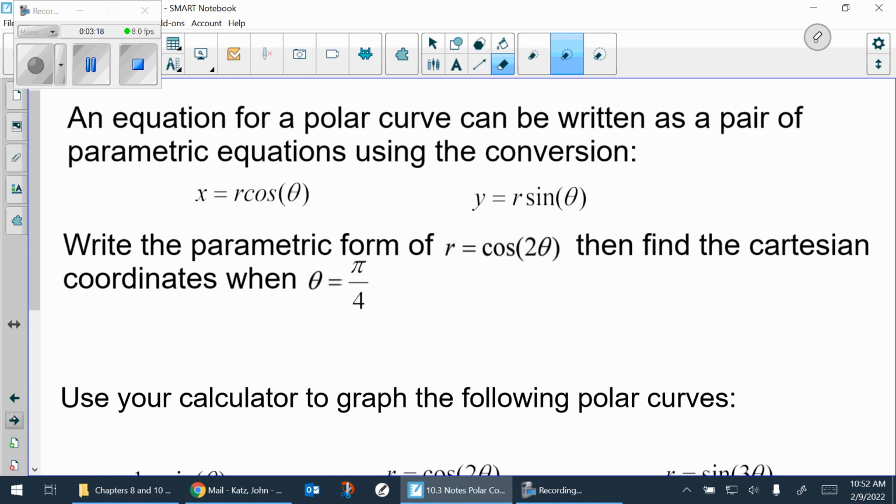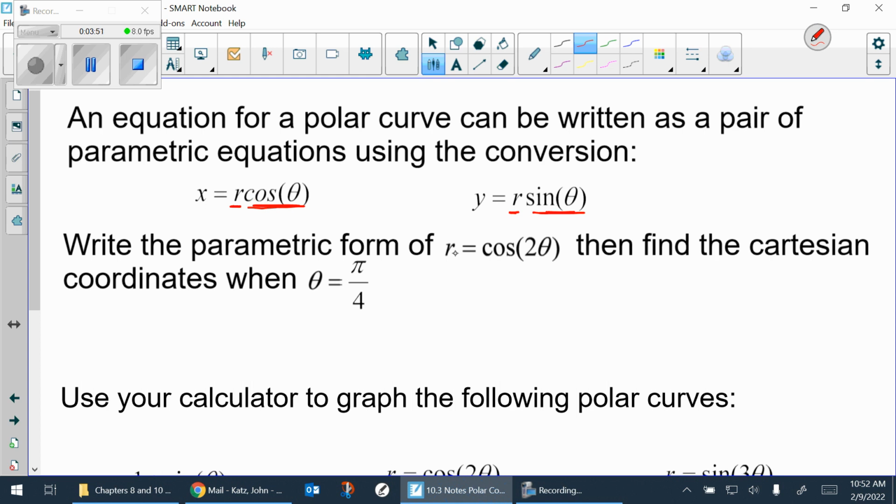Now, if we want to convert from polar coordinates to rectangular coordinates, we do that using parametric equations that we discussed in the beginning of Chapter 10, where to find the x value in rectangular coordinates, we take the radius times the cosine of the theta that we are given, and the y value is the radius times the sine of theta that we are given.